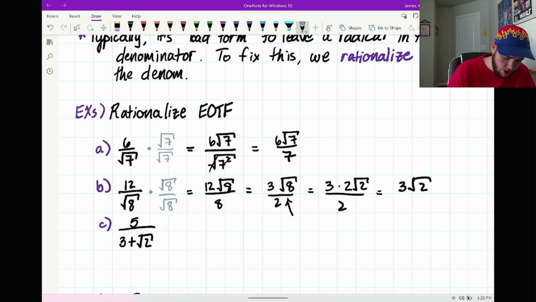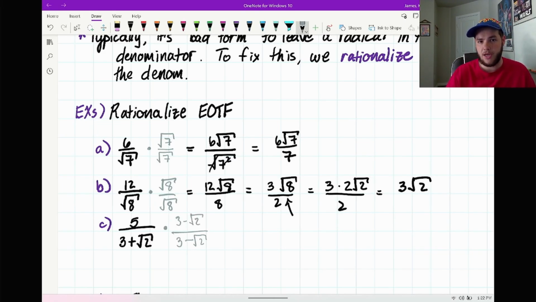Now, the conjugate of this denominator, 3 plus root 2, is just the same thing with the opposite sign in the middle. So I changed the plus to a minus. If I started from a minus, I would just change it to a plus. And this is the number that we want to multiply top and bottom by to rationalize our denominator. Let's see what happens when we do it.